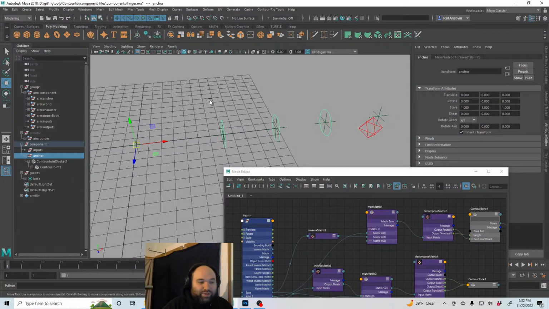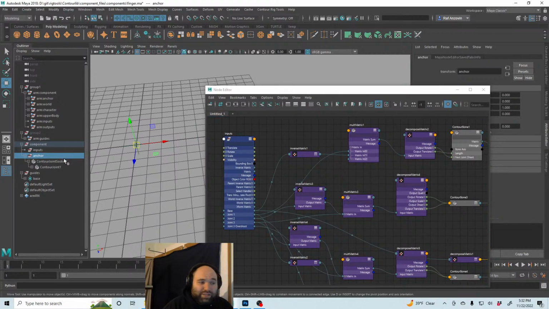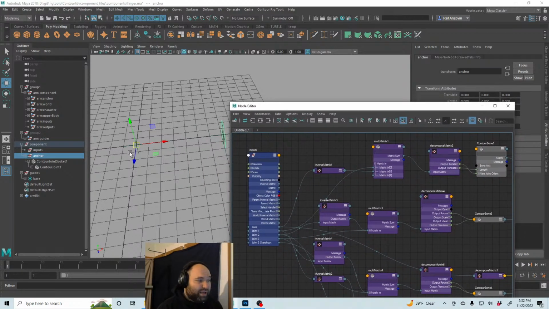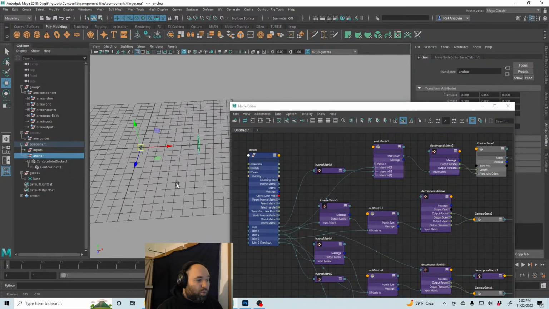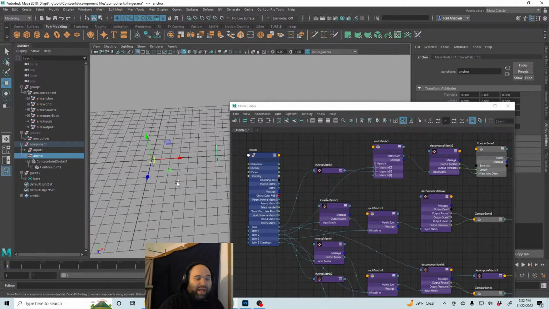That's going to be simpler than making each and every one of these things more complex. And here's how we need to do it, keeping in mind that the anchor must always be identity in bindpose. That's sort of a foundational idea behind how these things are being moved around, and how we can get away with simply using these world space matrices without doing a more complex thing to them.